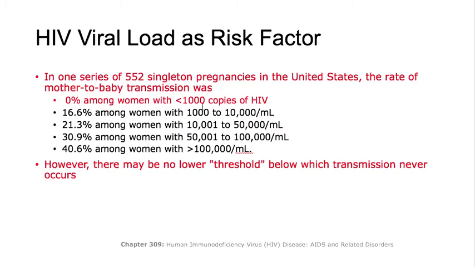You should not take this as an absolute, because there may be no threshold below which transmission will never occur, but you can clearly see that as the viral load decreases, the transmission decreases.